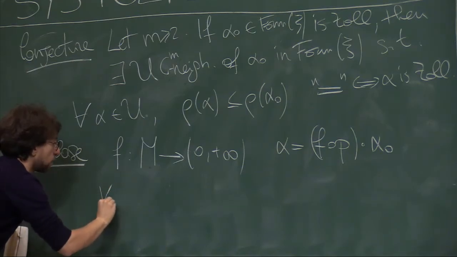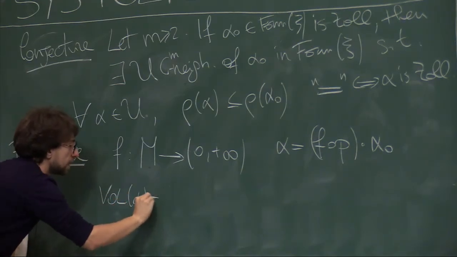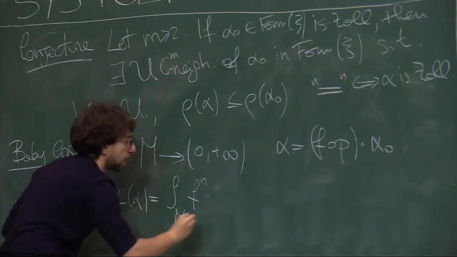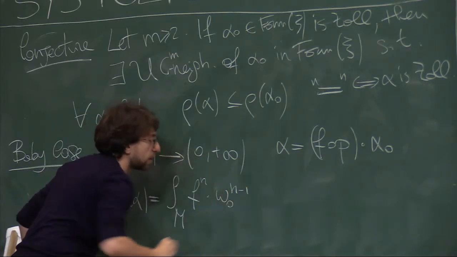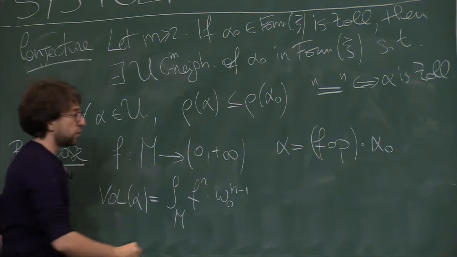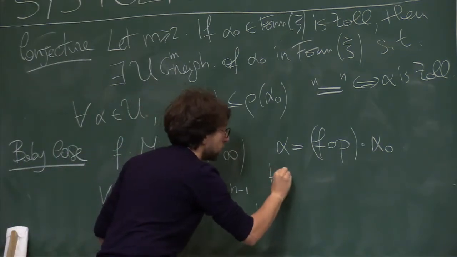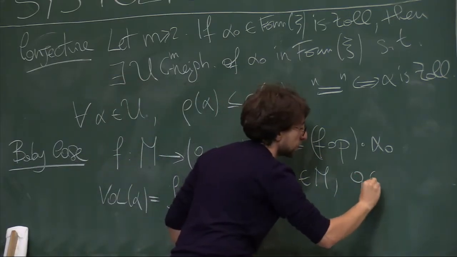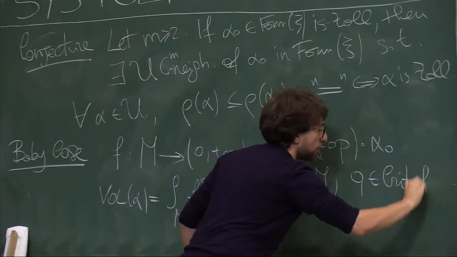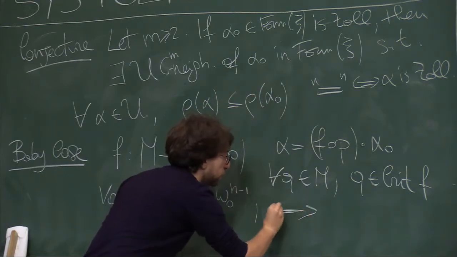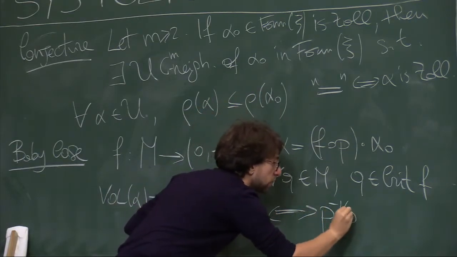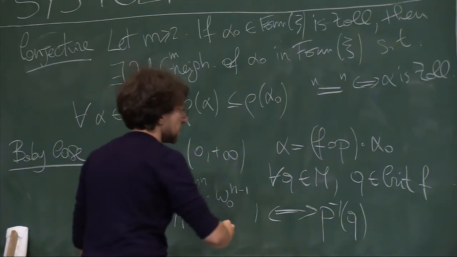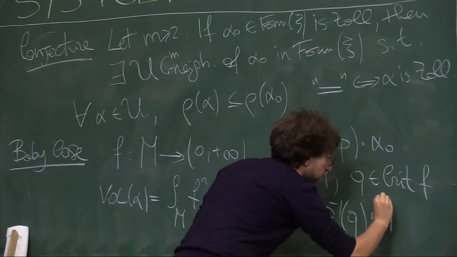In this case, the volume of alpha is simply the integral over M of f to the n times omega naught to the n minus 1. Moreover, if q is a point in M, then q is a critical point of f if and only if the fiber over q by this bundle P is a Reeb orbit.